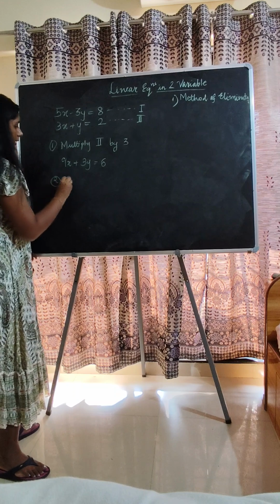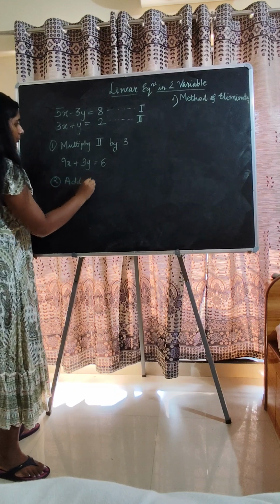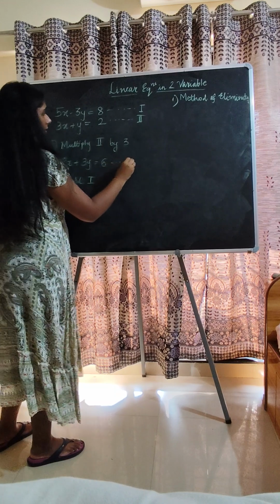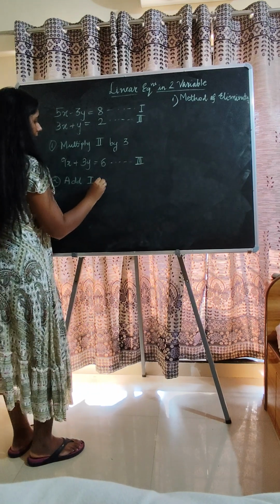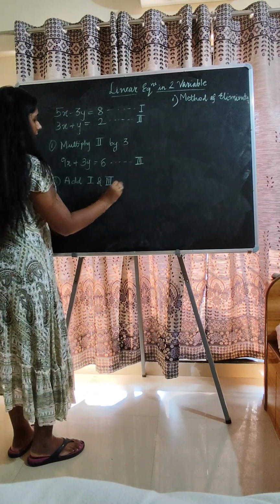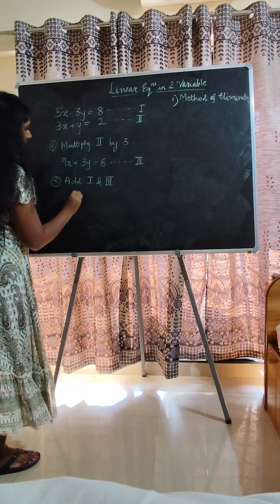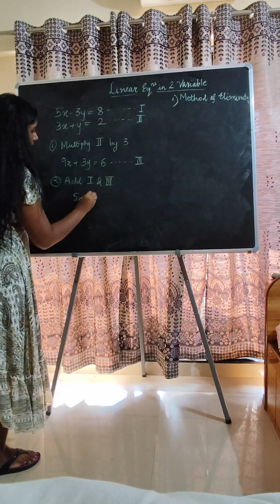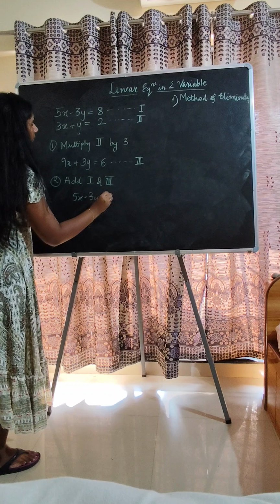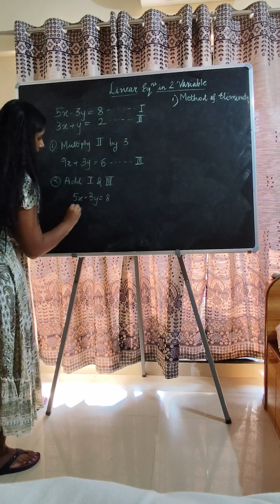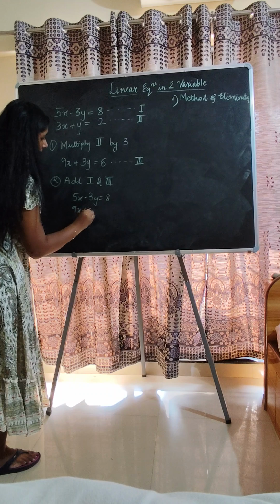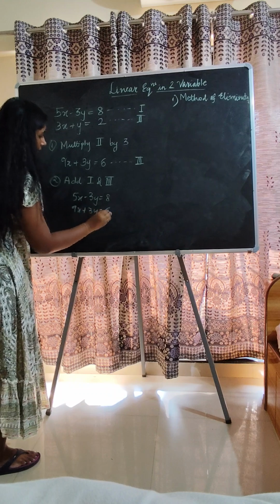Second step is to add equation 1 and the new equation, which is 3. So when you have 5x minus 3y is equal to 8, this is 1, and 9x plus 3y is equal to 6.